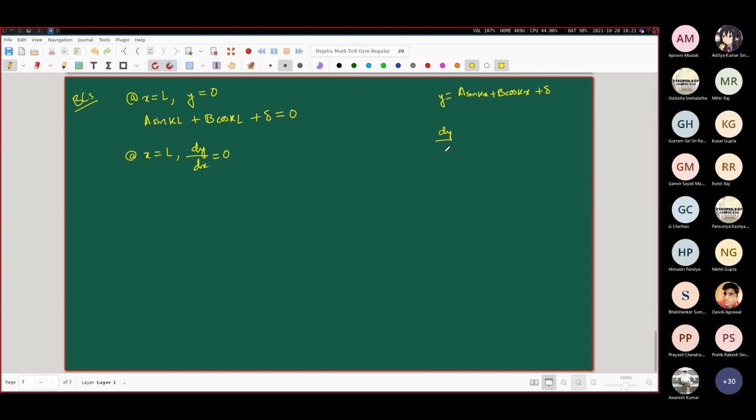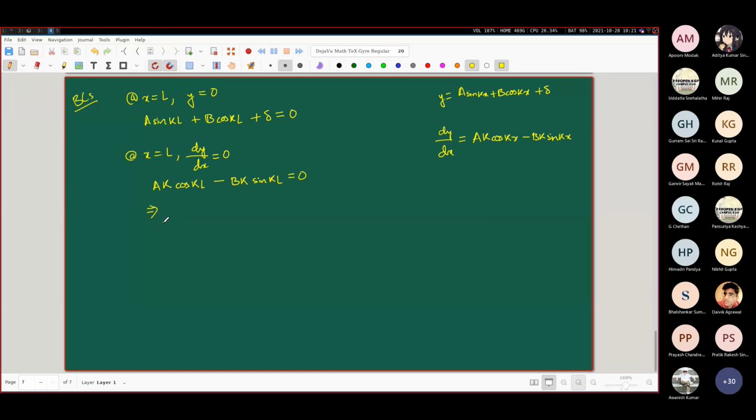Now dy dx is equal to ak cos kx minus bk sin kx. Delta is just a constant, so that gets differentiated out. So what we have from here is ak cos kL minus bk sin kL equal to 0.